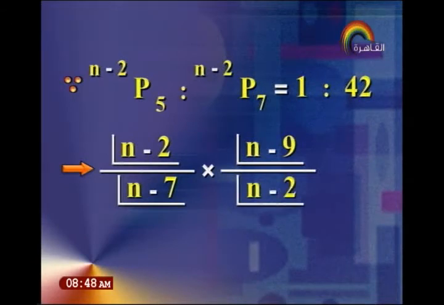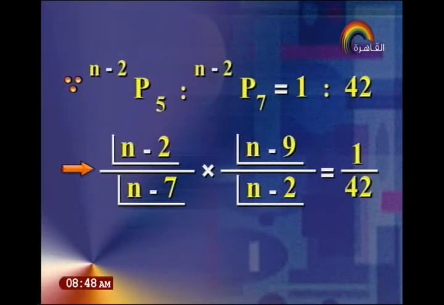Because ratio means division, change the division operation to multiplication, and we find the reciprocal of the second term. Then the second term is factorial (n-9) over factorial (n-2) equals what? 1 over 42.